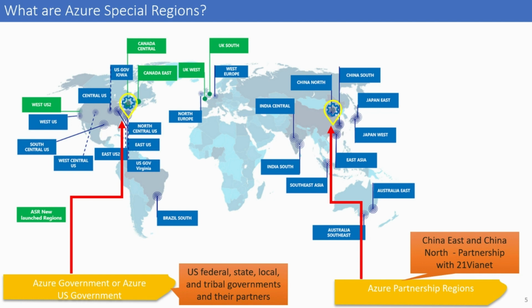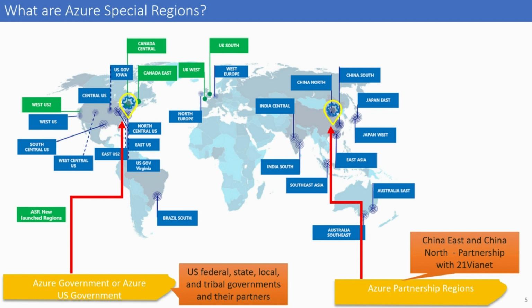These Azure government regions are mission critical cloud deployments which deliver innovation to US government customers and their partners. Only US federal, state, local, and tribal governments and their partners have access to these dedicated instances, with operations controlled and screened by US citizens only.